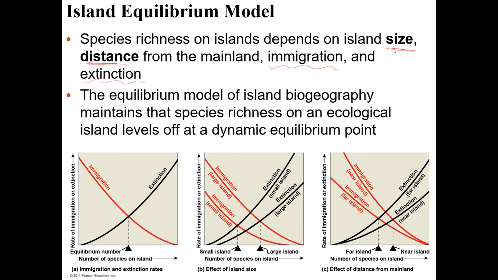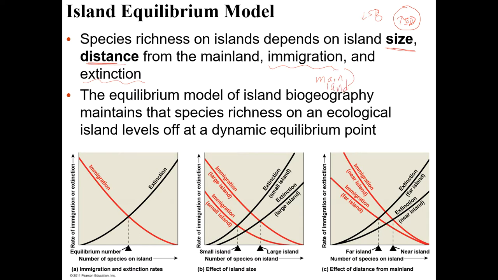And so just to summarize it first before I show you the graphs, for island size, if you have a small island and a big island, the big island is going to have higher species diversity. And the small island is going to have low species diversity. Here's a mainland of some type.